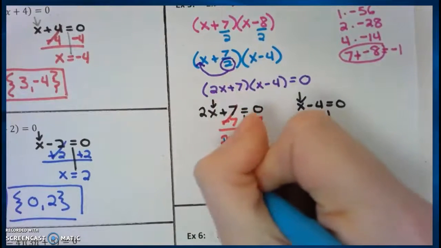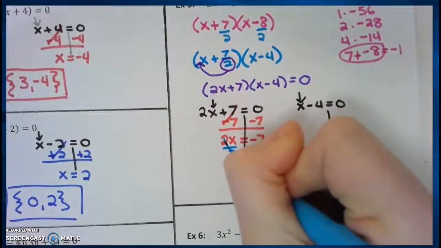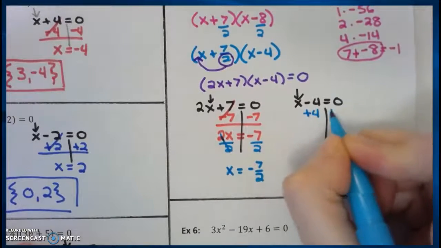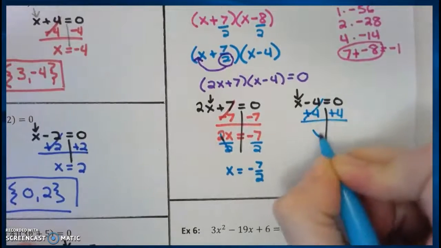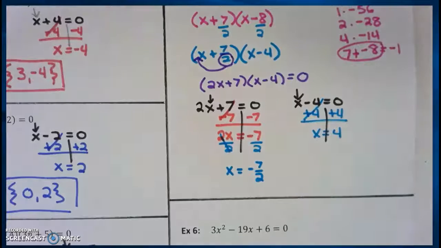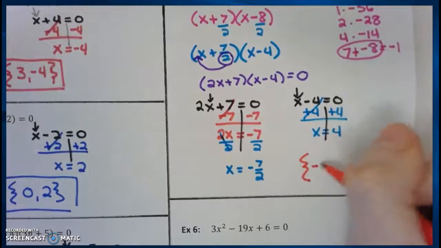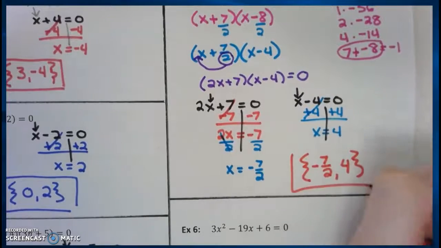So I've got x equals negative 7 over 2, and on the other one, I add 4 to each side, and I've got x equals 4. So to put my final answer together, I've got my brackets, I have the fraction, negative 7 over 2, and the whole number, positive 4.